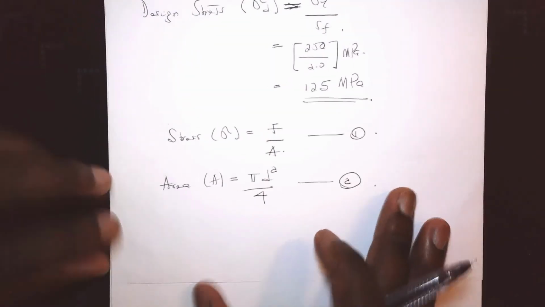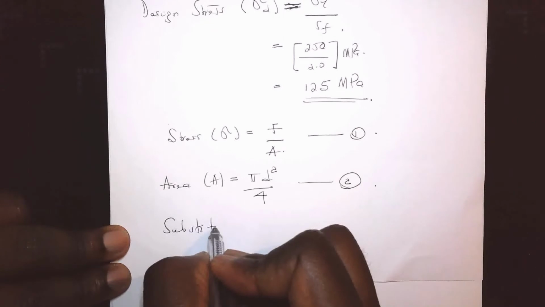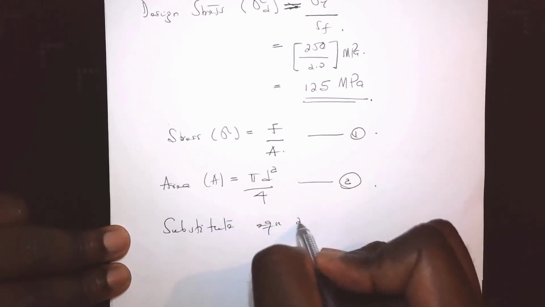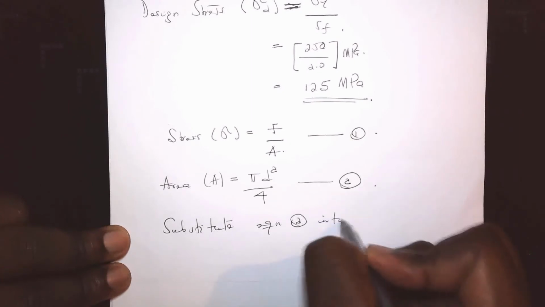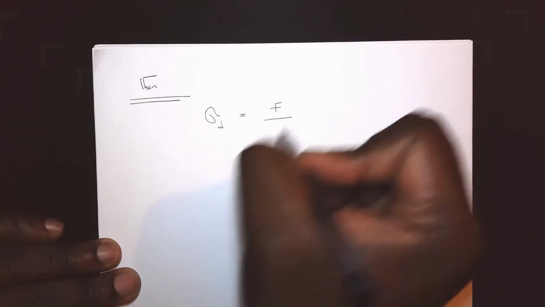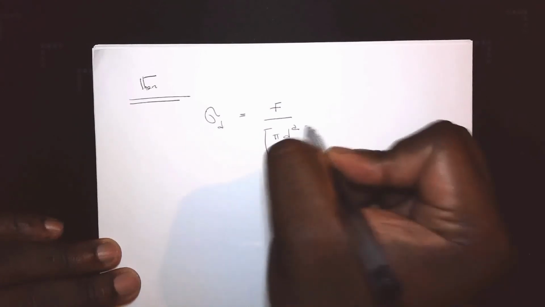So if we substitute equation 2 into 1, then sigma d will be equal to F over pi d squared over 4.